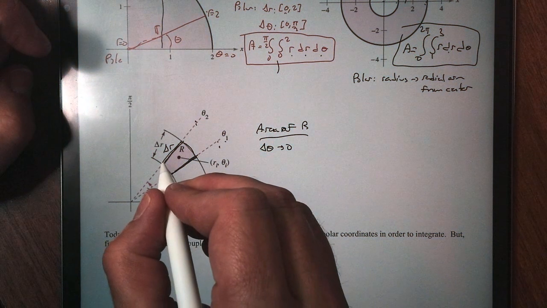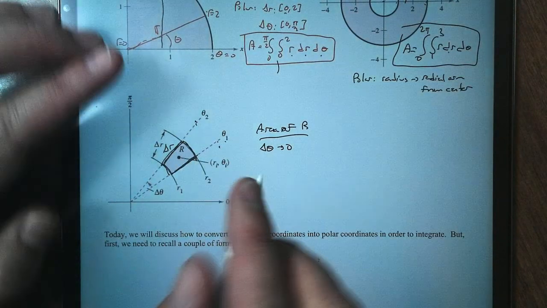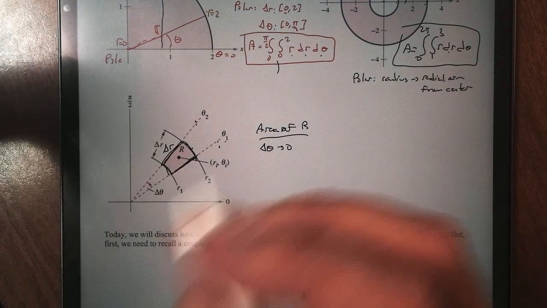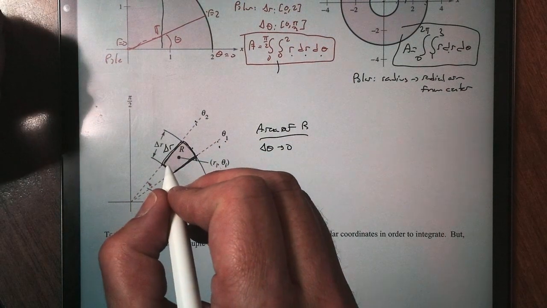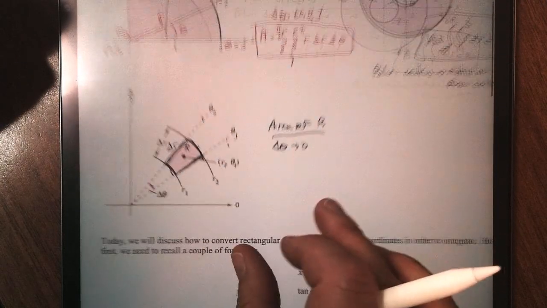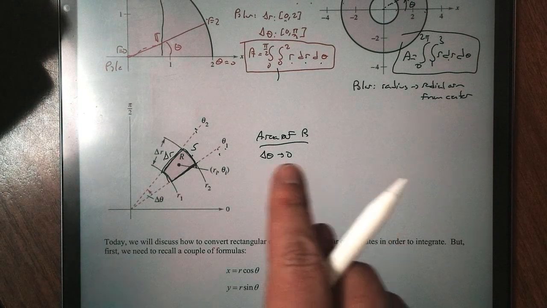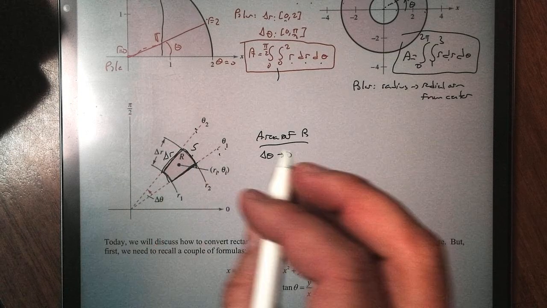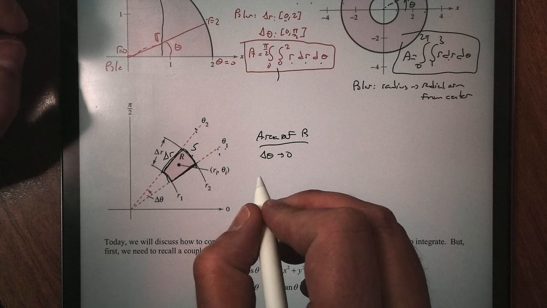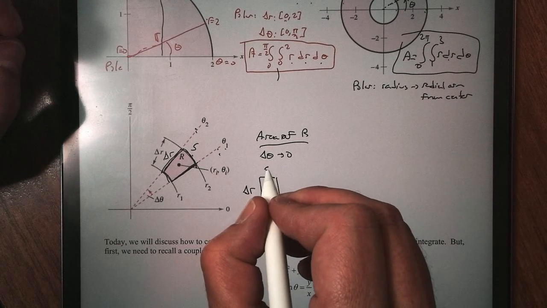Well, as theta goes to 0, these two lengths also become the same. And that is just my arc length, S. So as theta goes to 0, we're basically going to get a rectangle, one length being delta R, and the other one being my arc length.